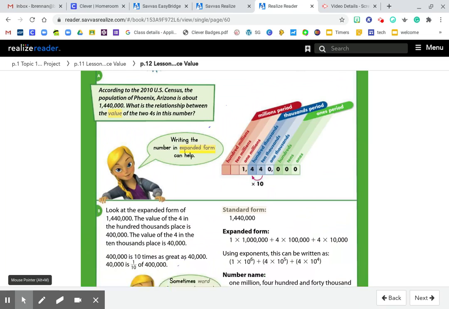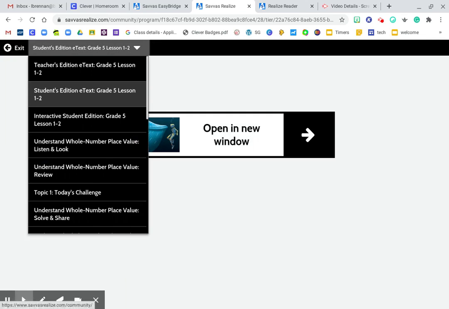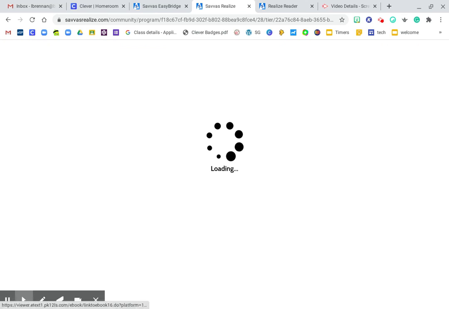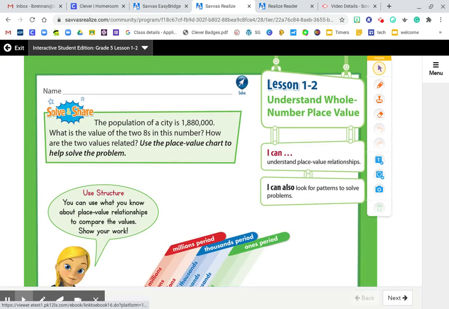According to the 2010 census, the population of Phoenix is about 1,440,000. What is the relationship between the value of the two fours in this number? If I were to look at this in my student interactive book, I'm going to look at the same page.